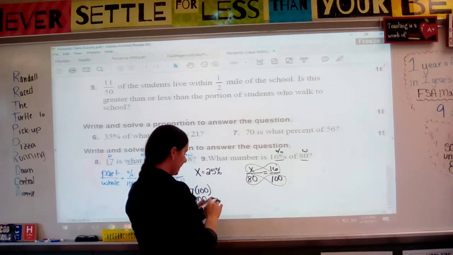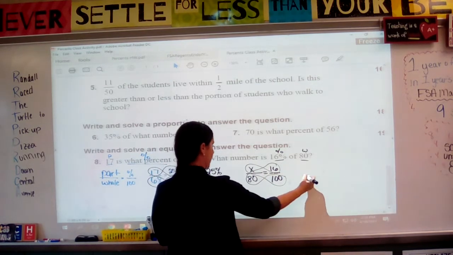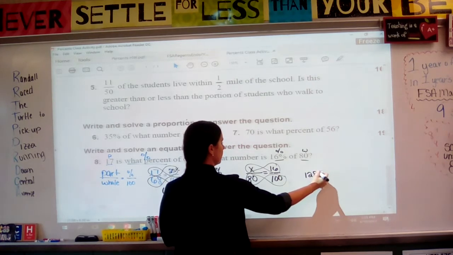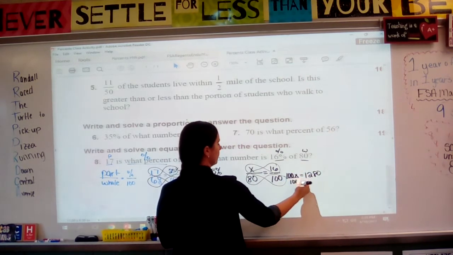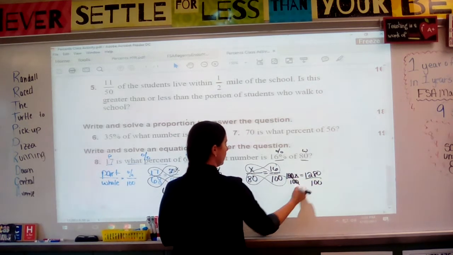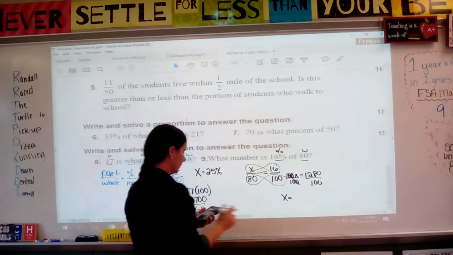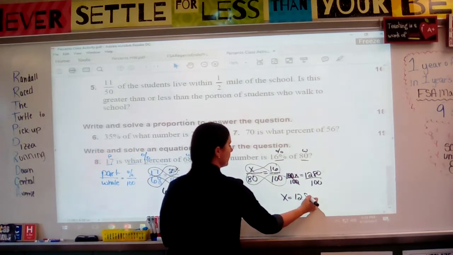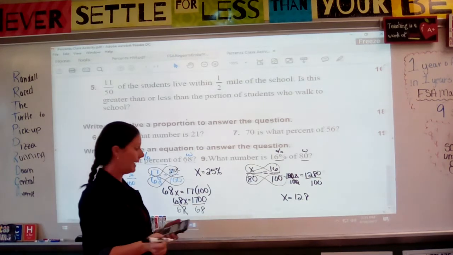So I have 80 times 16, which is going to be 1280, and 100 times x. Divide by 100. That's going to leave me with x is equal to 12.8. So 12.8 is 16% of 80.